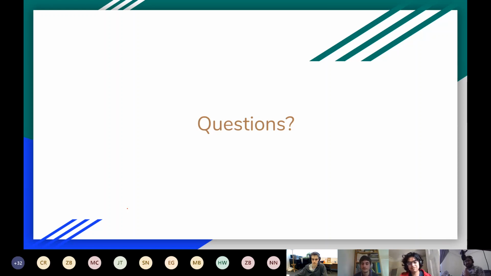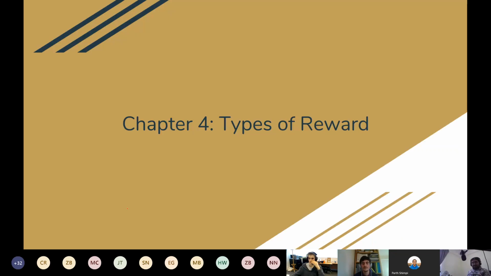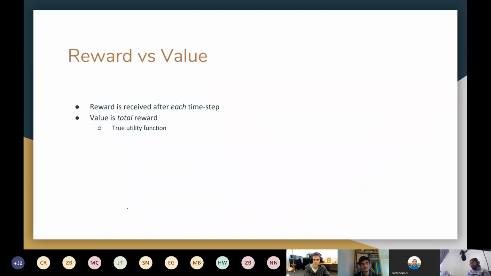Sorry, the first half was maybe a bit too philosophical, so I'll try to actually have some maths in the second half. Cool. So how do we actually do anything? First, I want to think about different types of reward. Just a reminder of the difference between reward and value. Reward is a number you get after each time step, and value is your total reward over all time steps.